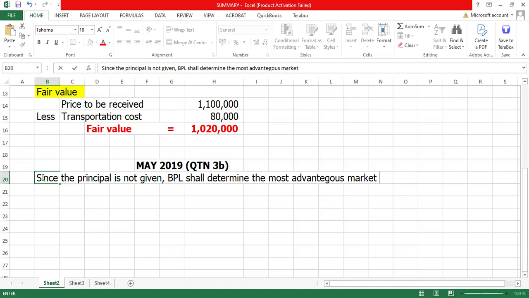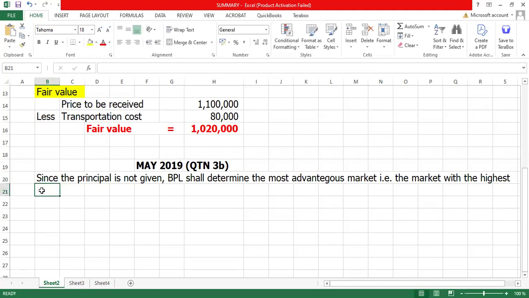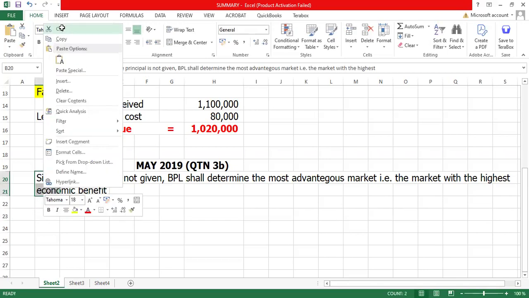And the most advantageous market is the market with the highest economic benefit, where you can gain more.